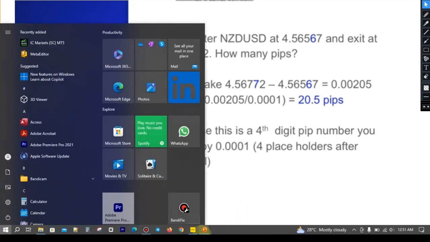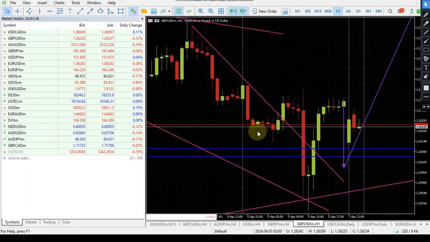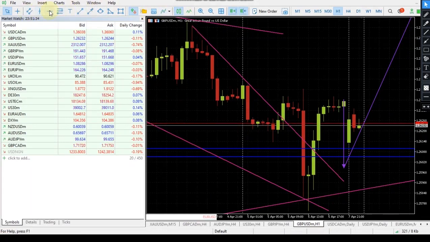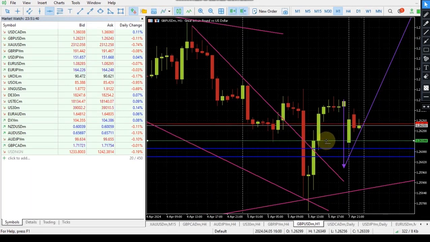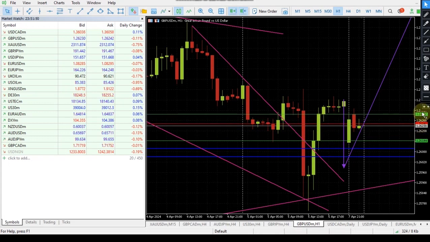If you come to your chart, what that simply means is that you take a trade in a position like this. Just for example, I'm explaining something. You take a trade from a position like here, then you exit the trade from this very position. So how many pips have you made in profit if the market goes in your favor?